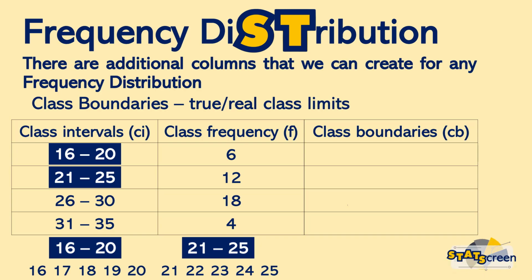But not all data that we will be observing are in integral form. Some of the data can be continuous in nature. If we talk about 21 to 25, it includes all the data in continuous form from 21 to 25. If we talk about 16 to 20, it includes all the decimal values from 16 to 20.